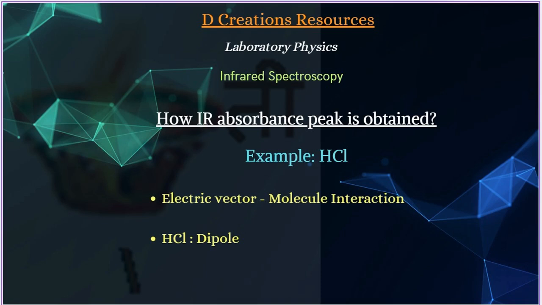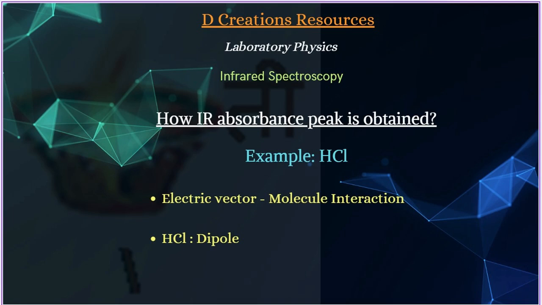That means that due to this electronegativity difference between hydrogen and chlorine, the electrons in this particular HCl bond will have higher probability of being found on the chlorine rather than on hydrogen. So, chlorine is going to have a certain partial negative charge.